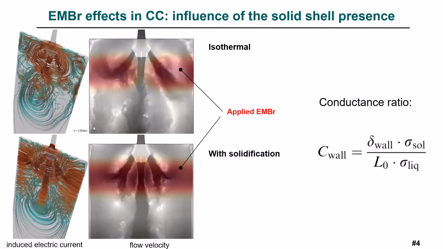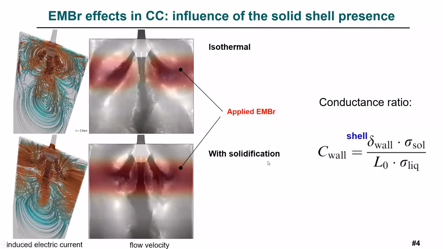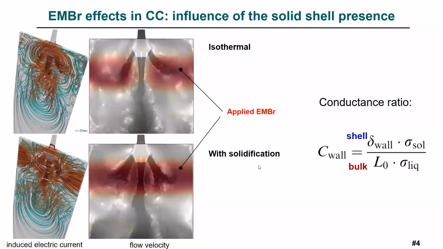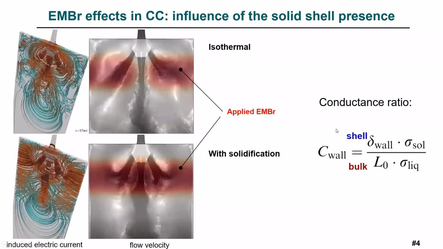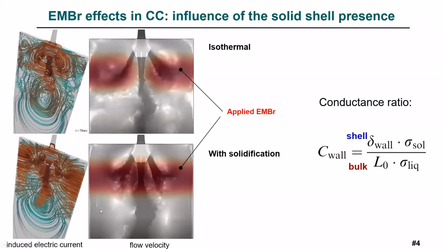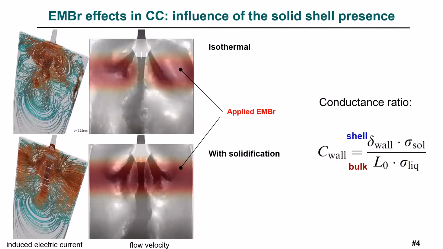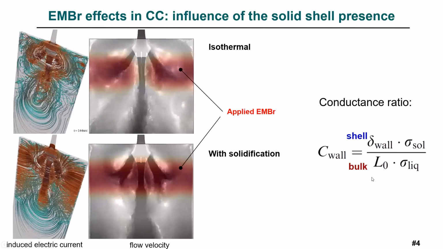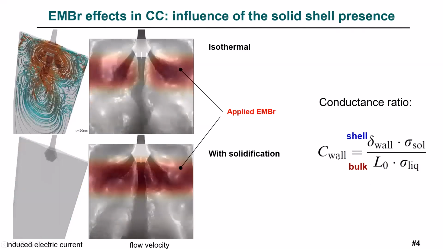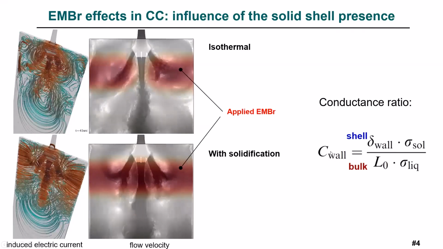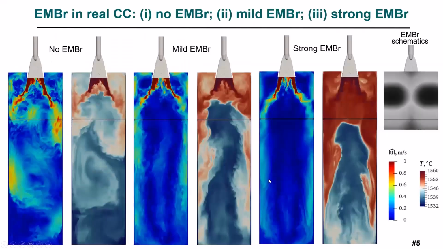And the level of this effect can be defined by the so-called conduction ratio. So this is the conductivity of the liquid bulk and the conductivity of the solid shell. The stronger this conduction ratio is, the stronger you are breaking the turbulent flow.